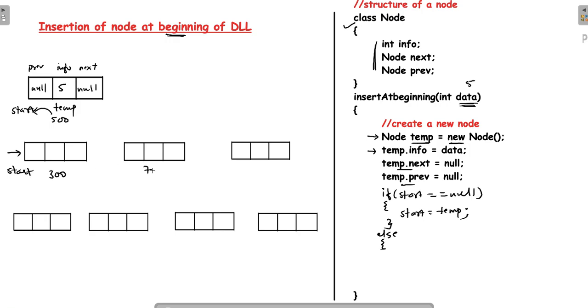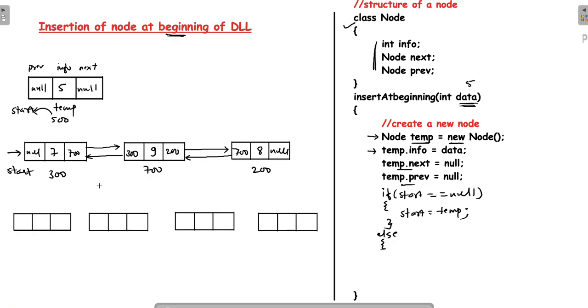The next has address 700, and the last has address 500, and it consists of data, suppose 7, 9 and 8. This will be your null. This is pointing to 700, and it will be pointing to the previous node. So here 300, here again 200, so it is pointing to the next node. Here 700, so it will be pointing to the previous node, and the last node will be represented as null.